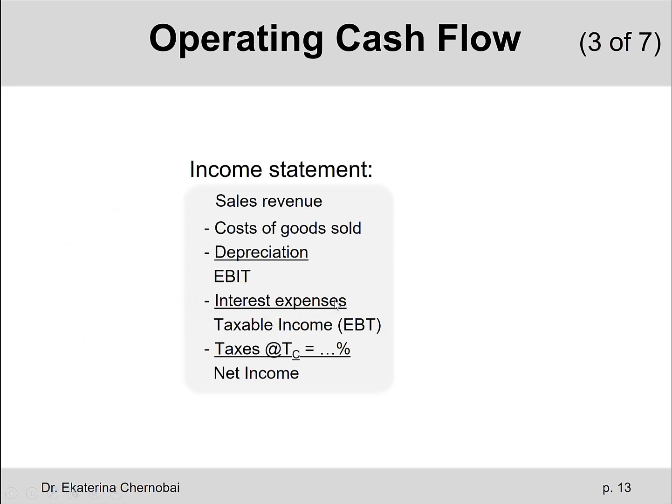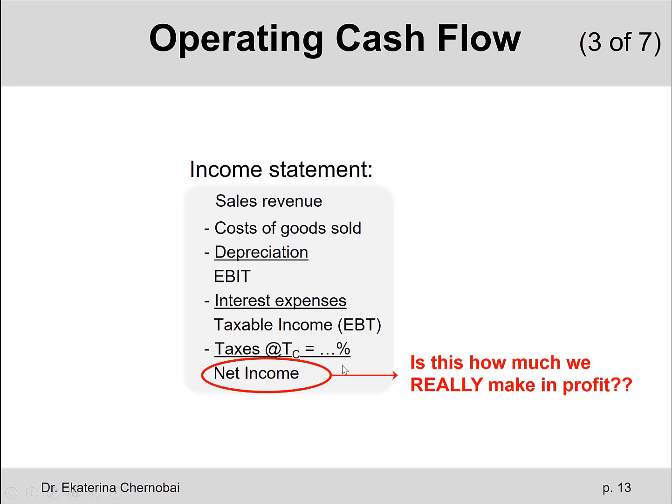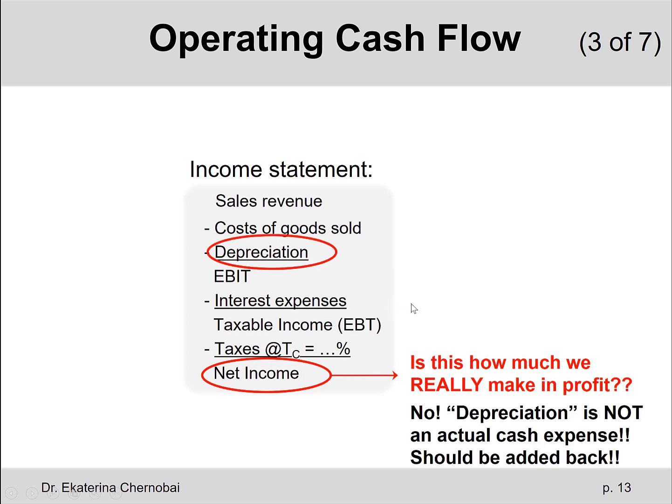The second thing that we are going to be careful about is net income. Is this really how much profit we make? Well, not exactly. It's actually understated. There is one item in this list of expenses that is not a true expense. It's a so-called non-cash item, and that's depreciation.